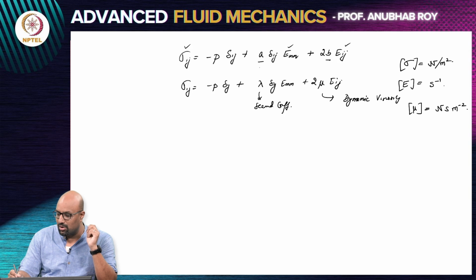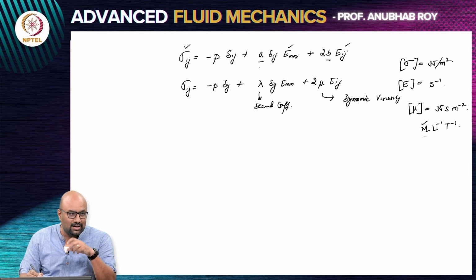If you write it in the more traditional notation of MLT, mass length time, this would be mass length inverse time inverse. Newton will be written in terms of mass, length and time, and so you finally will have that. This small point will come back again because we will encounter another kind of viscosity, which is why I just want you to pay attention to the fact that the dynamic viscosity has dimensions that involve mass in it.